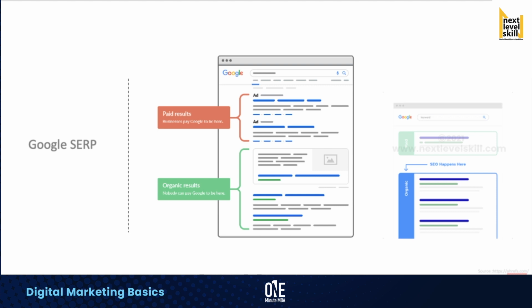Organic results come from the normal things that we do: content development in the website, tagging, linking, backlinking, etc. As I said, a visiting card having a QR code or a website link creates more traffic, and obviously social media.